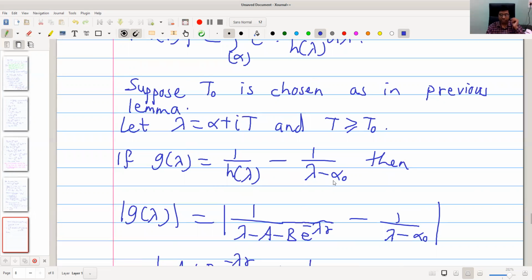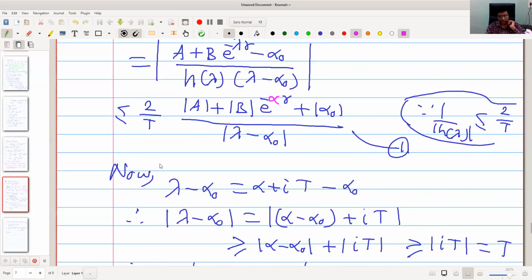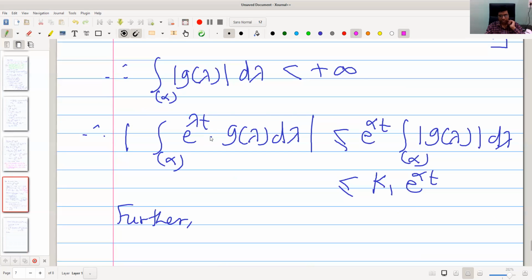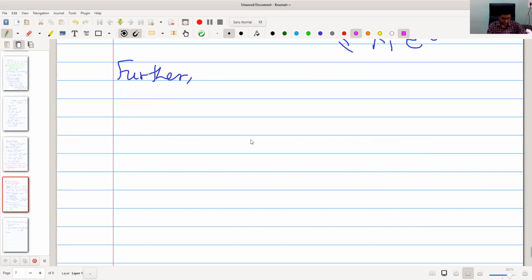Our aim is e raised to lambda t into 1 upon h of lambda, but we write this as e raised to lambda t into 1 upon h of lambda minus 1 upon lambda minus alpha 0, and we are adding the same term. First, this thing is g of lambda, so we are writing here e raised to lambda t into g of lambda.